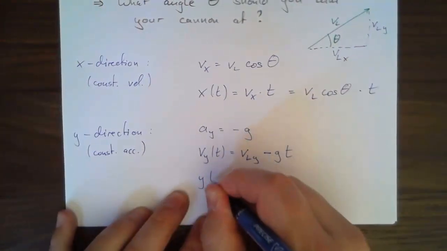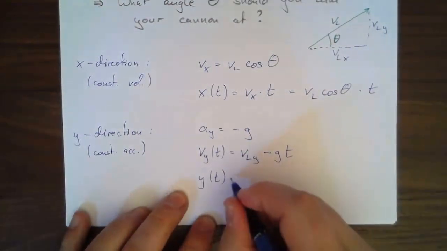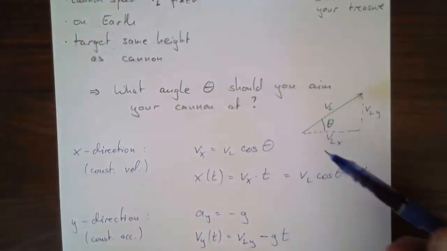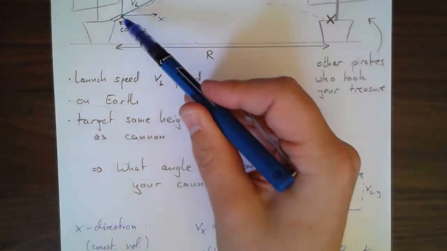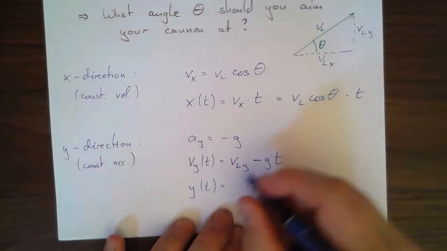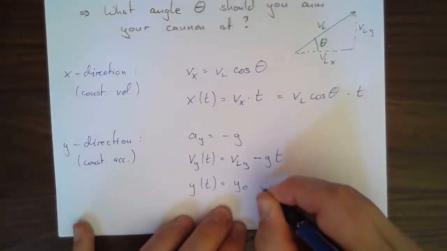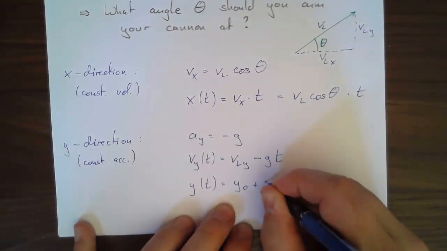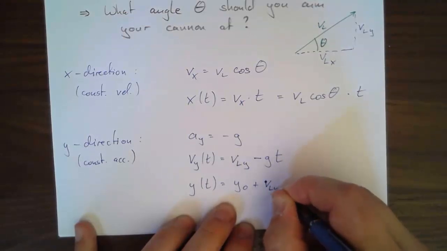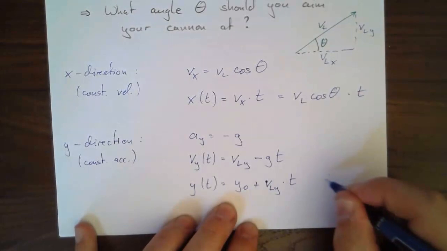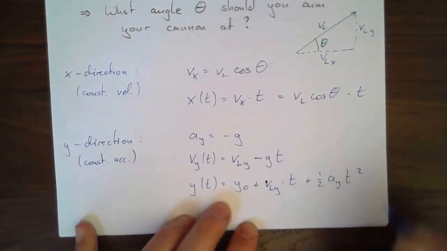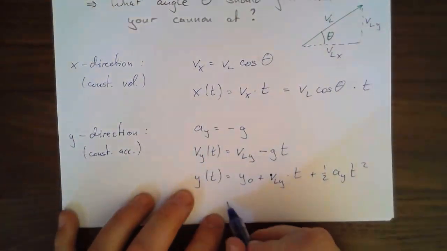So finally, I can just write down the y position itself. And that is going to be, well, it's accelerated motion. Okay, what height do we start at? We start at 0 height. If you let me write down in full first, y0 plus the initial velocity in the y direction times time plus 1/2 ay t squared. Accelerated motion. Let's plug in what we know.